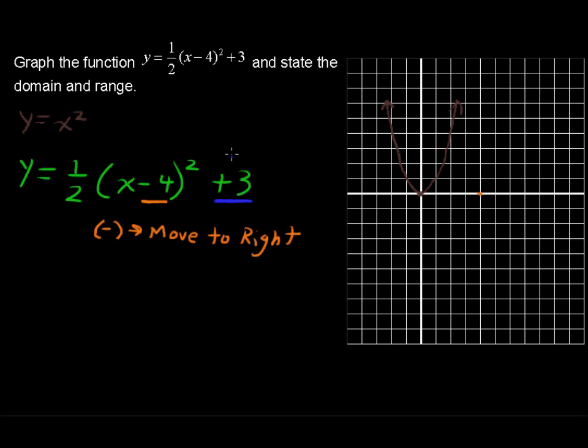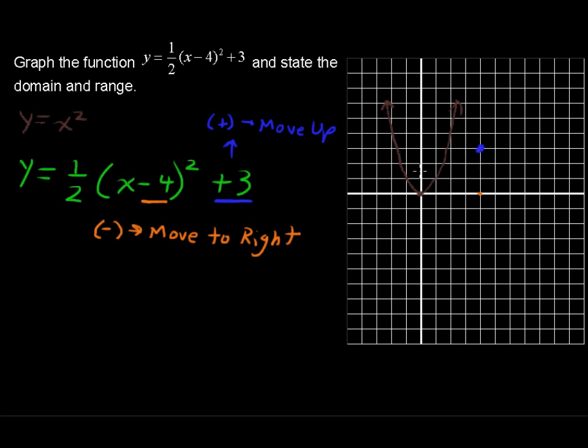So I'm going to put a note up here: the positive means to move it up. So I'm going to take that vertex and move it up 3 places. So now this is our new vertex place.